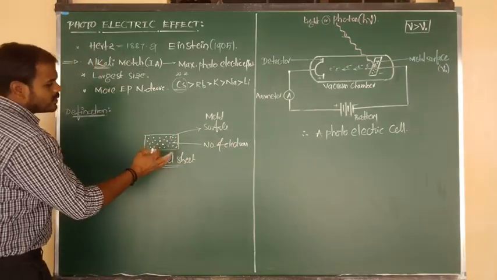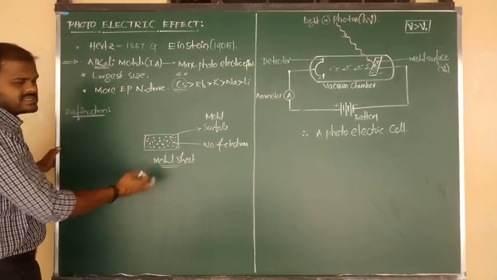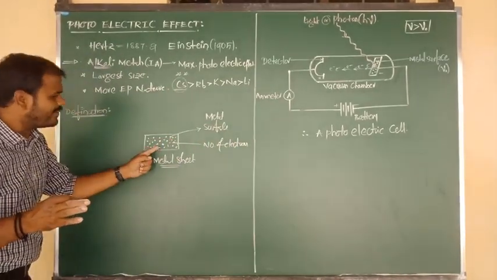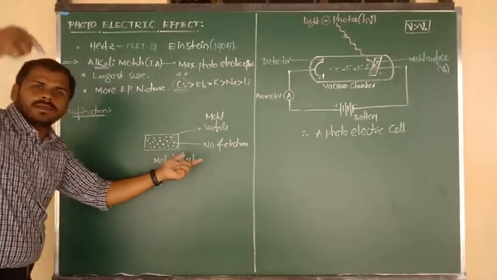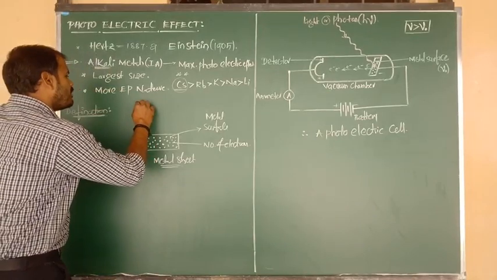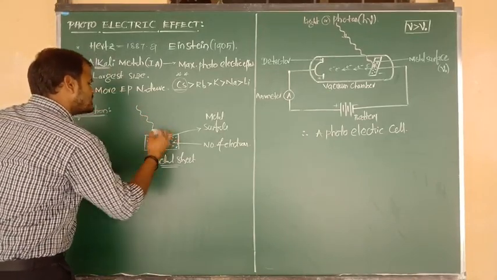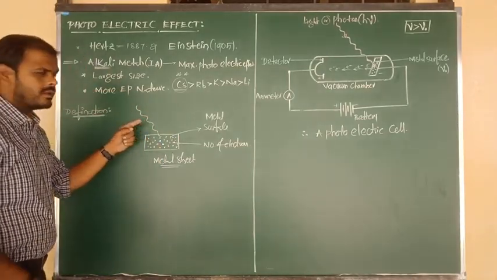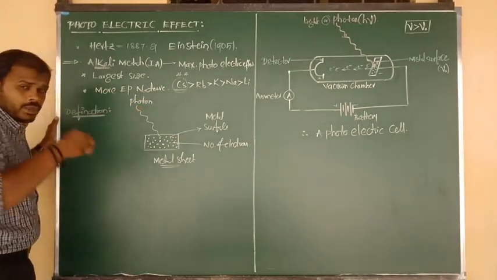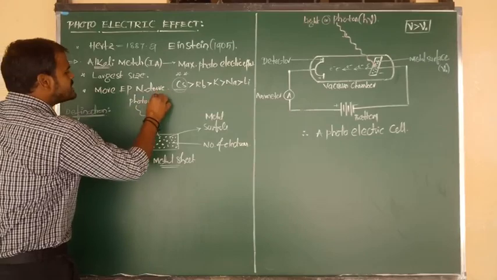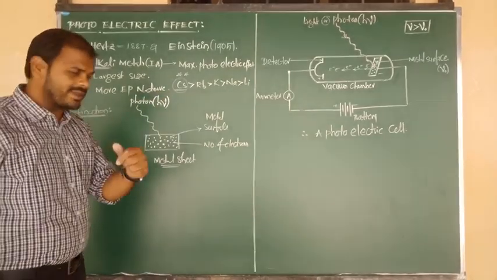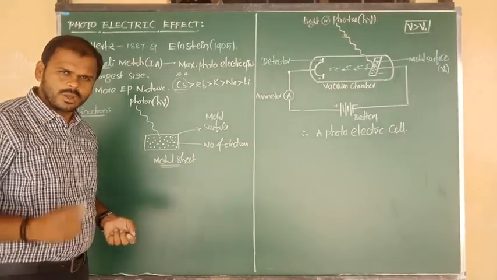So the metal sheet, or metal surface, contains a number of electrons, and suppose it is exposed to incident light. Here I am going to consider light, or a photon, and the photon symbol is h nu, or we can say quantum.